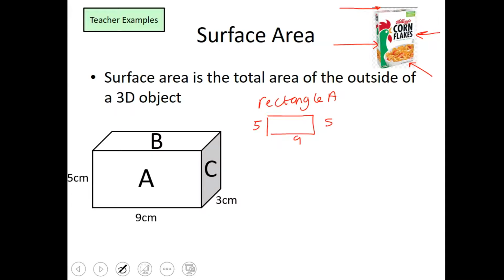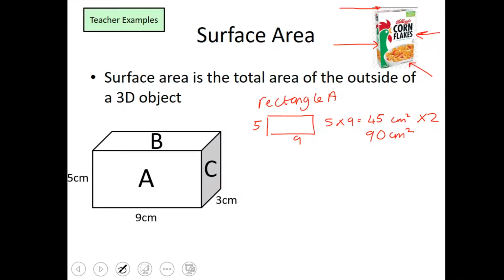And 5 times by 9 gives you 45 centimeters squared, because we're working out area. Like I said, the front face is exactly the same size as the back face, so we have to multiply this by 2. So now we've got 90 centimeters squared. So we've worked out 2 faces of this cuboid.